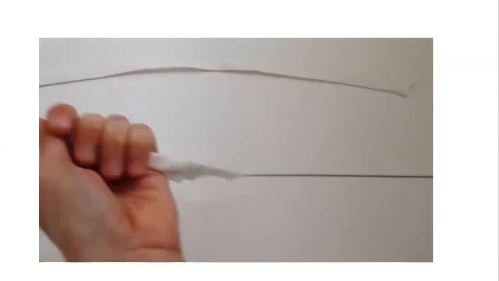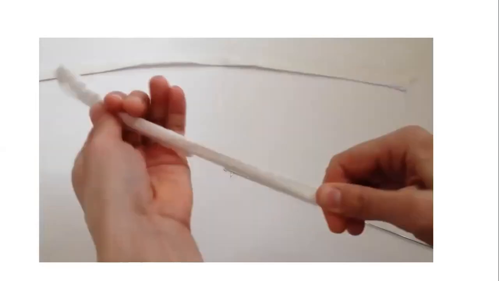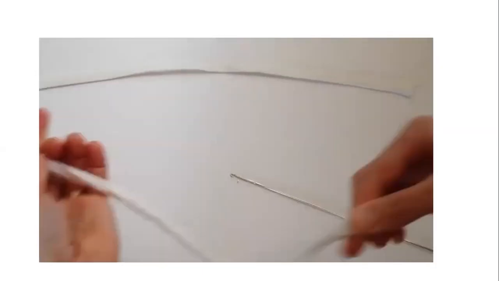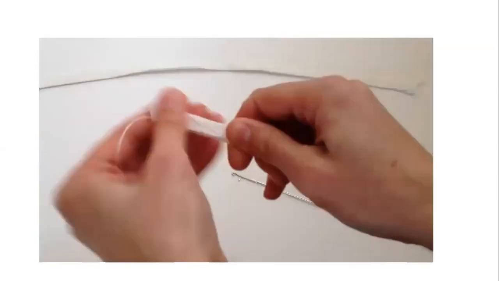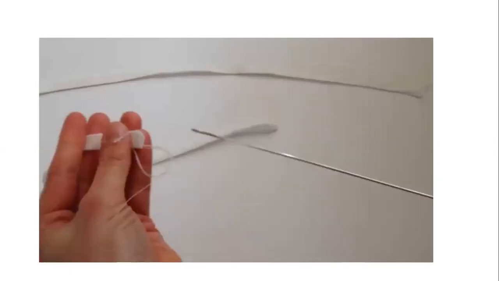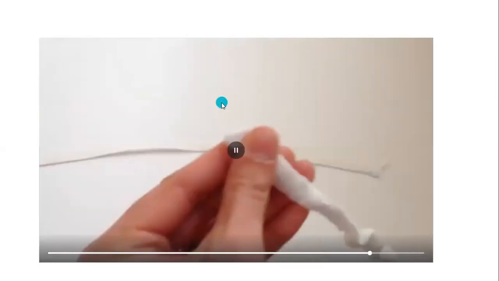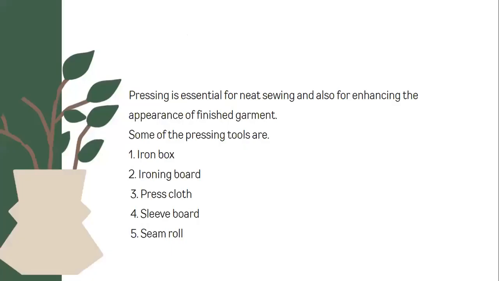It's a very interesting process. So you can make a very neat looking piece. That is what a loop turner is used for: pulling things inside out so that it looks very neat.